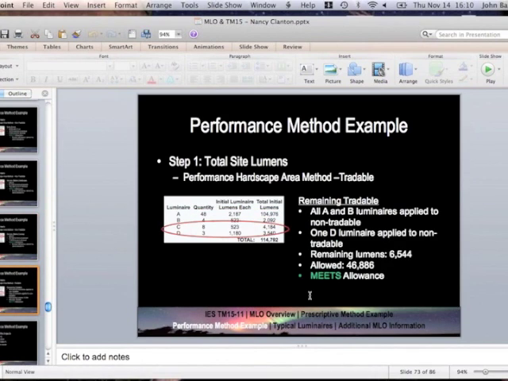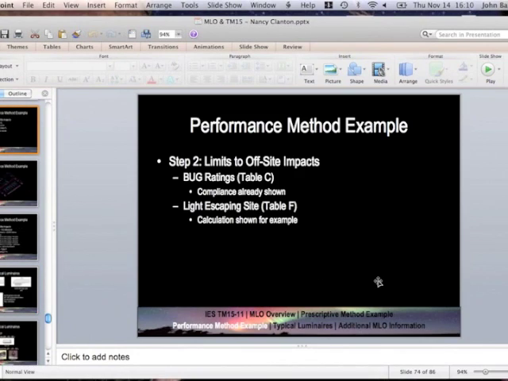So with the performance hardscape area, the tradable lumens, we are looking at multiplying all of these areas against the tradable site limit, and we're allowed 46,886. And we notice that one of the luminaires is applied to non-tradable only. So it meets the allowance.